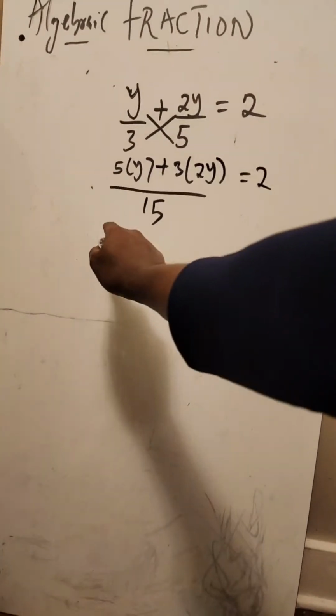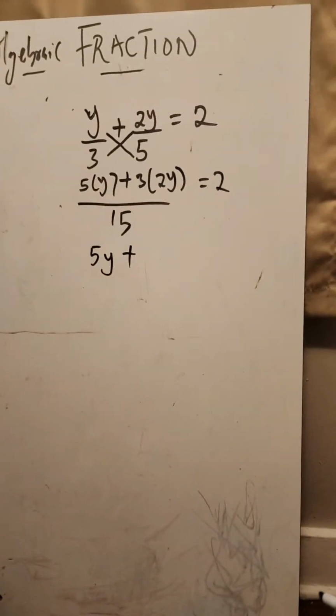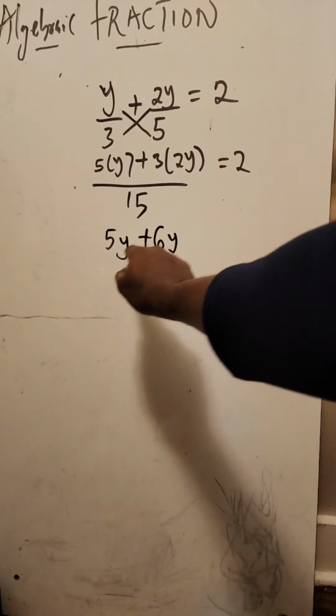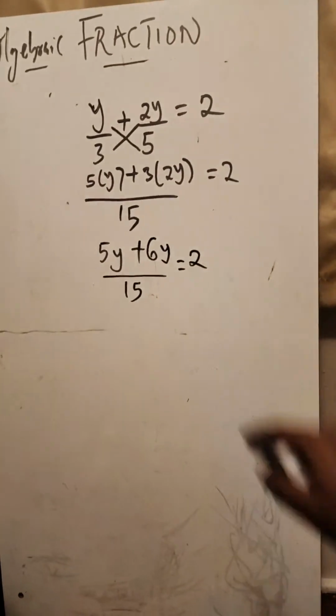Now we have 5 multiplying y, this gives 5y, plus 3 multiplying 2y gives 6y, divided by 15 equals to 2.